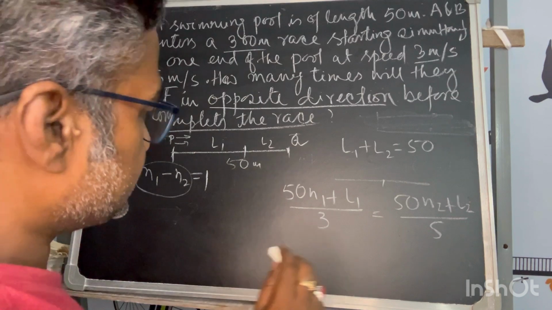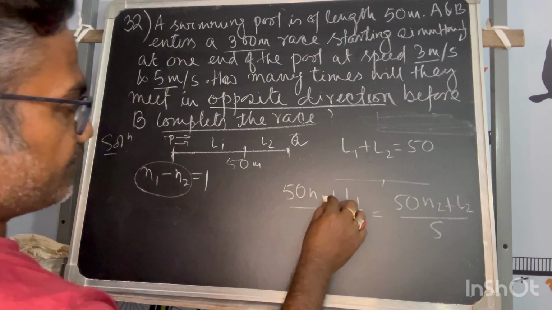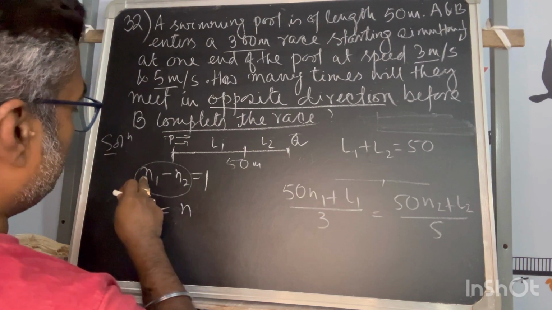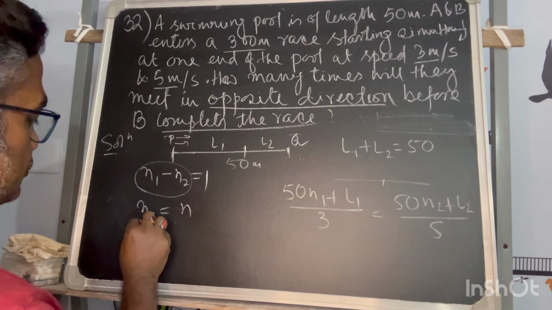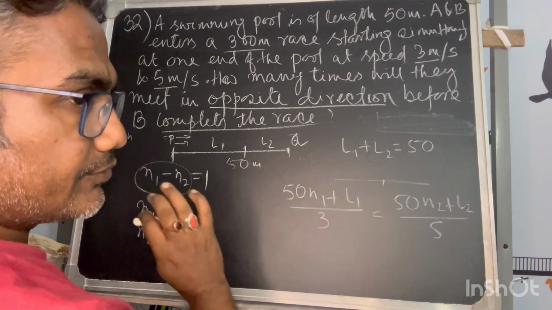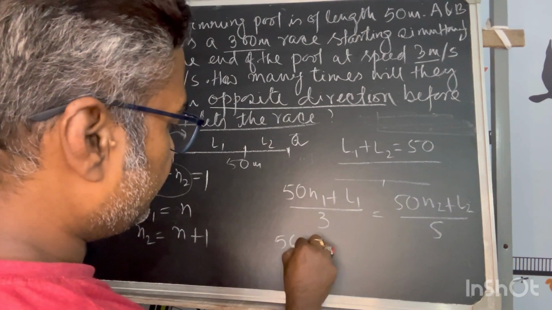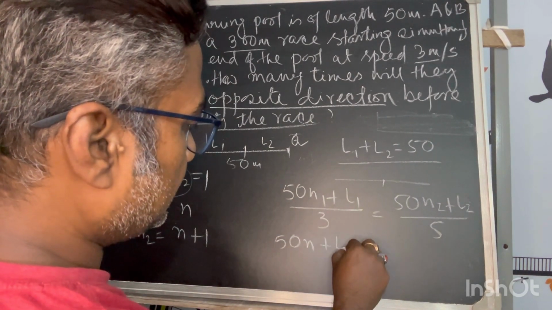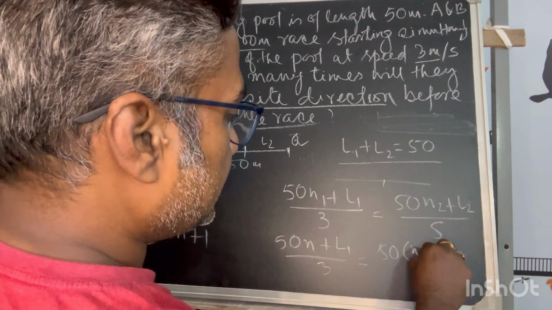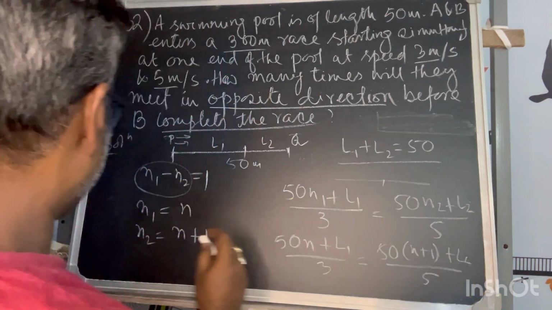First admission. Second admission, if I say this is 1, and N1 is equal to n, which I have taken for A, then N2 must be n plus 1, fine, and L1 plus L2 is equal to 50. So if I put this, 50 into n plus L1 by 3 is equal to 50 into n plus 1 plus L2 by 5.